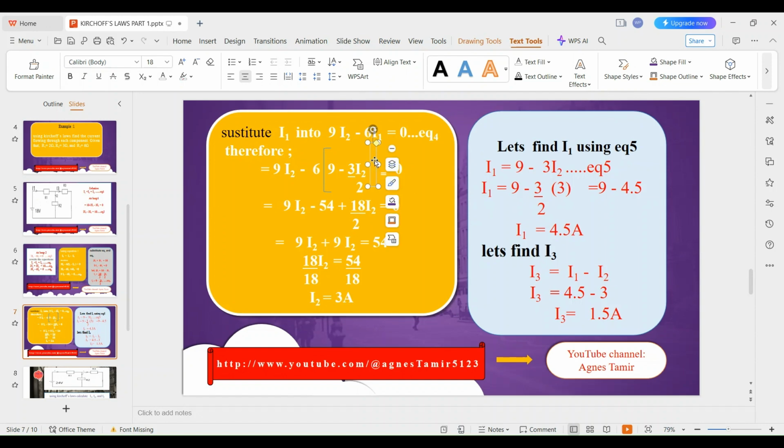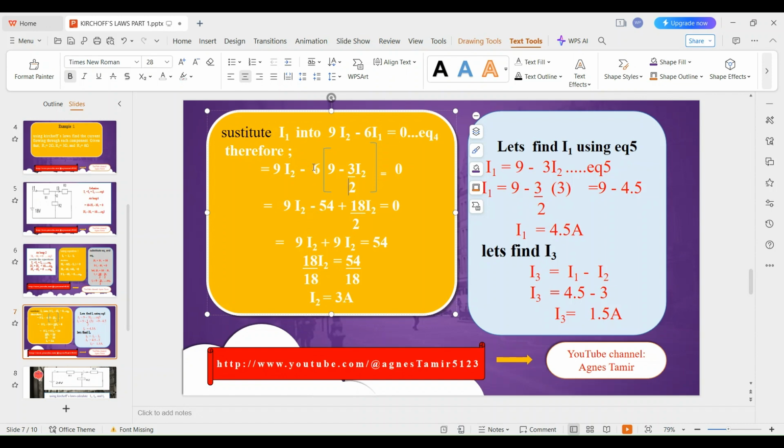Let me just do the minor changes. It's okay now. So we have 9I2 minus 6I1, and we have seen that I1 is equal to 9 minus 3 over 2 I2, equal to 0.